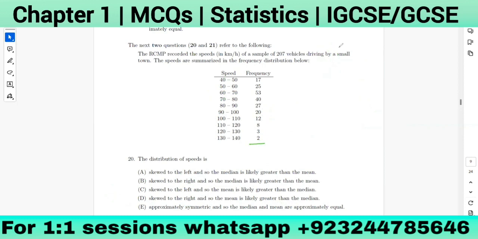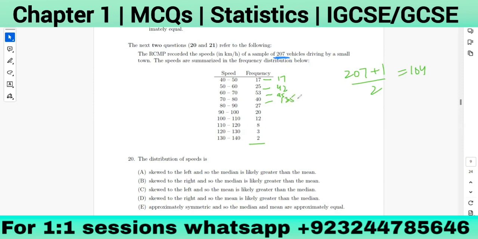207. Okay. So it's going to be 207 plus 1 divided by 2, which is equal to 104. Now find which position. It's 17, 17 plus 25 is 42. 42 plus 53 is 95. 95 plus 40 is 135.